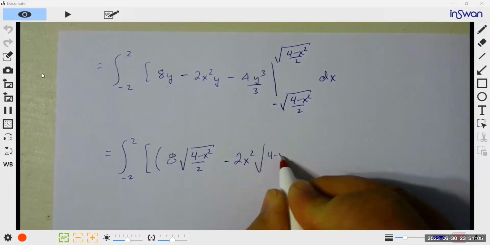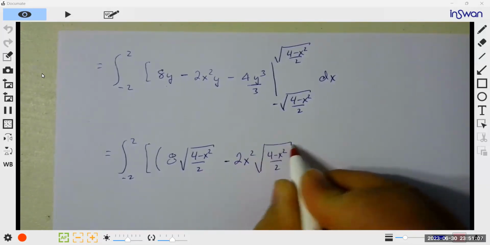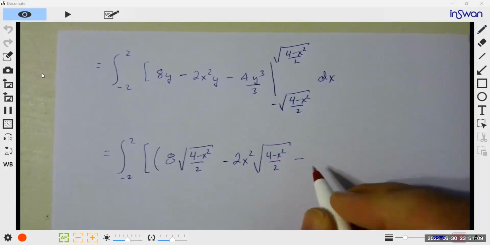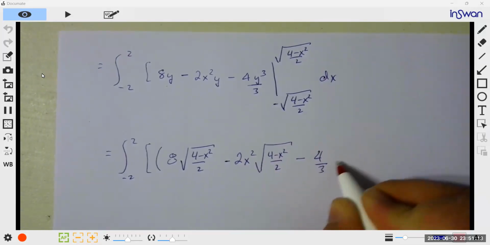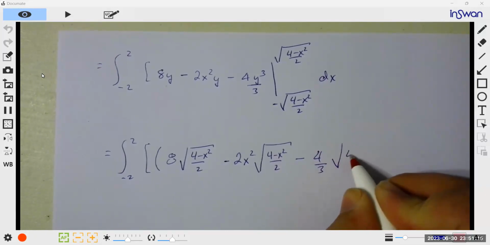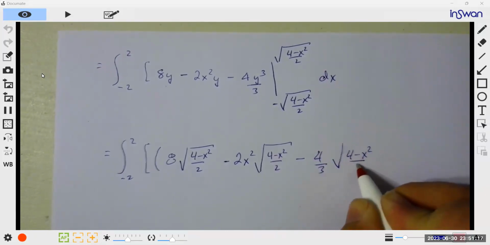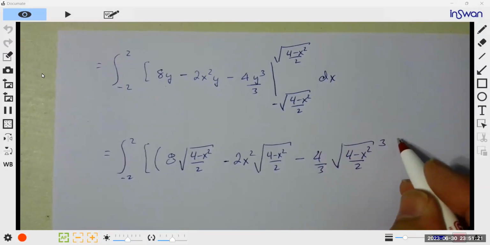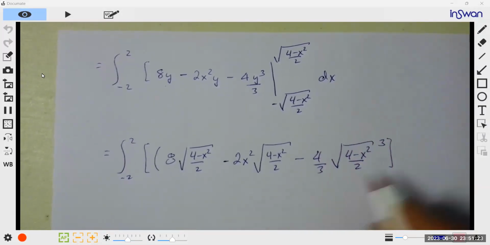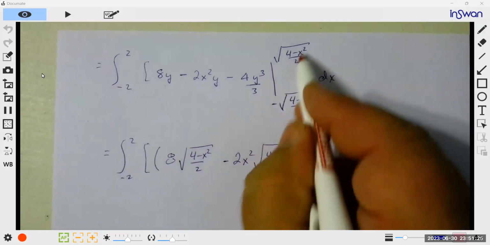Just means more writing for me. And then minus 4 over 3 times 4 minus x squared over 2, cubed. So that's the top one.